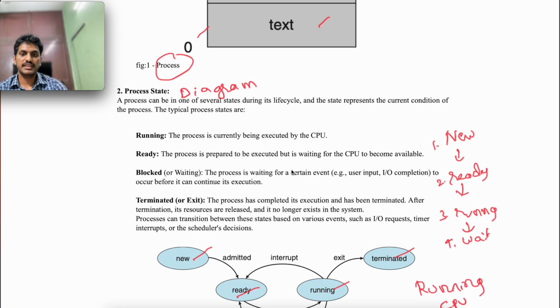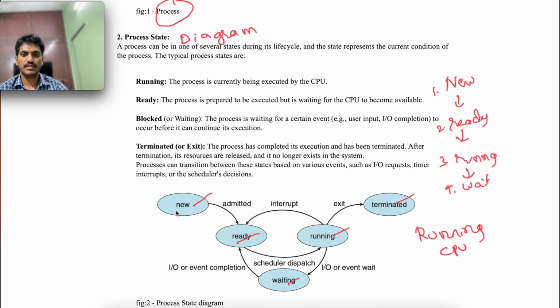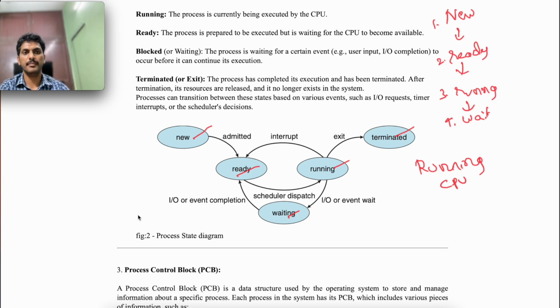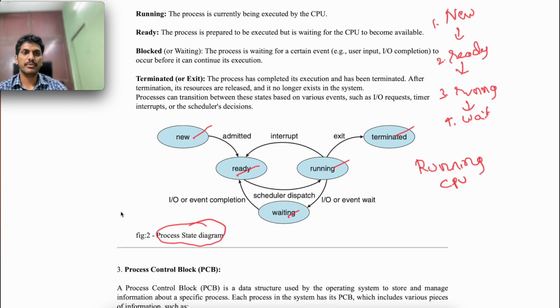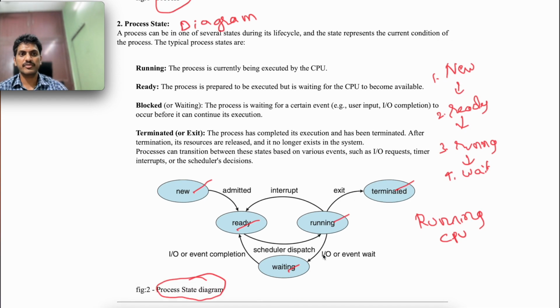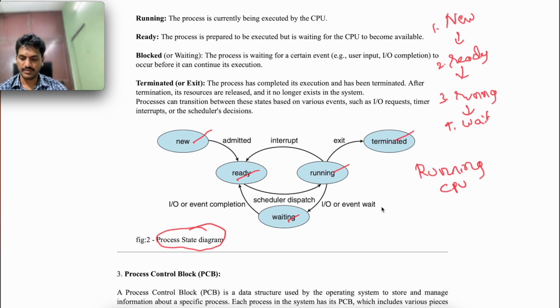You remember this order: new, ready, running, waiting, and terminated. What is this diagram? Process state diagram. So this is a very important question. You write the definition for the process and make this diagram with the 5 states. How many states? 5 states: new, ready, running, waiting, and then terminated. Fifth one, terminated state.